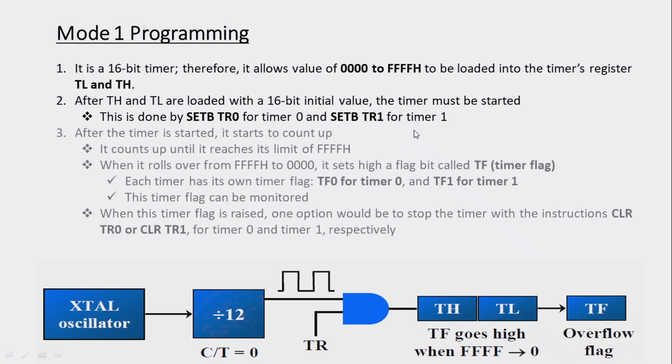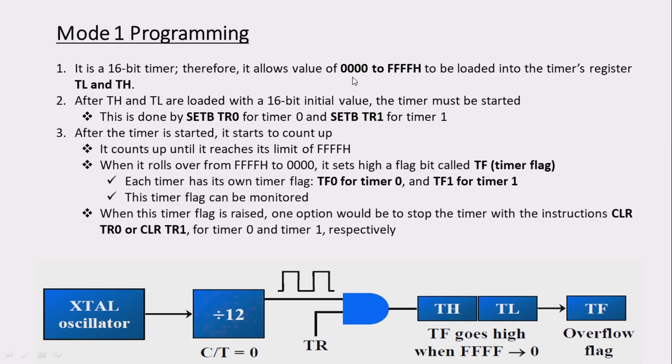Once the timer is started, the timer starts counting. The value which you have loaded into the TL register, from that particular value it is going to start counting till where? Till FFFF hexa.